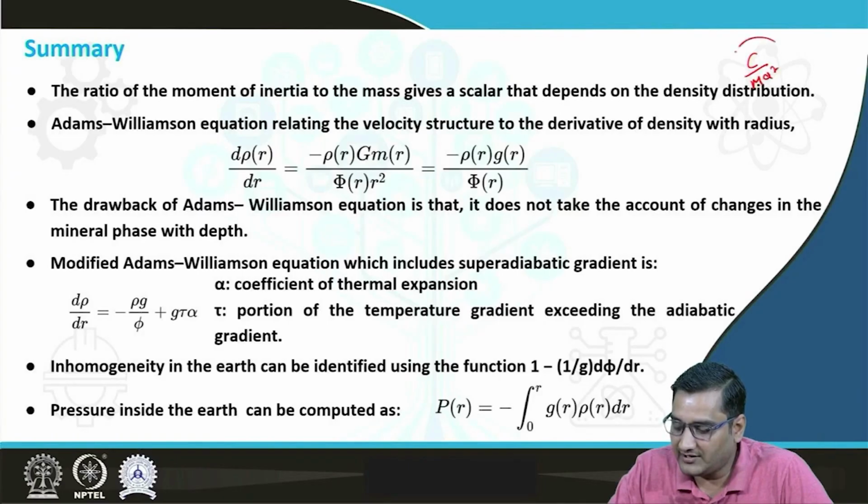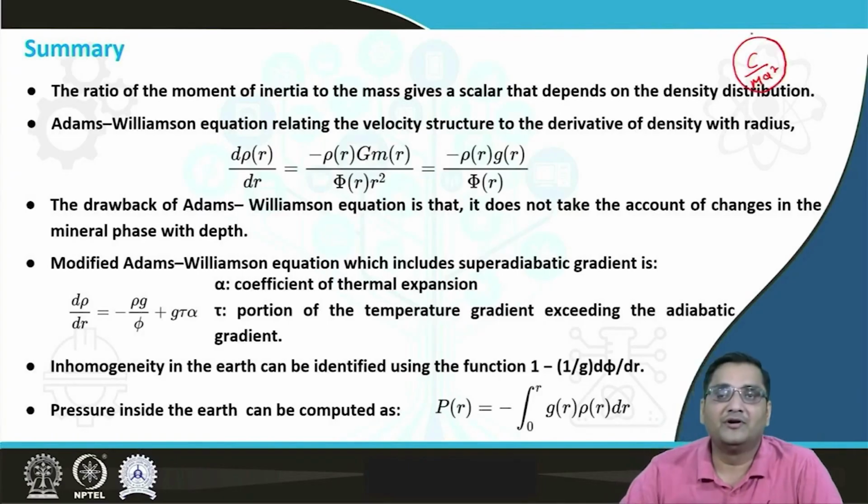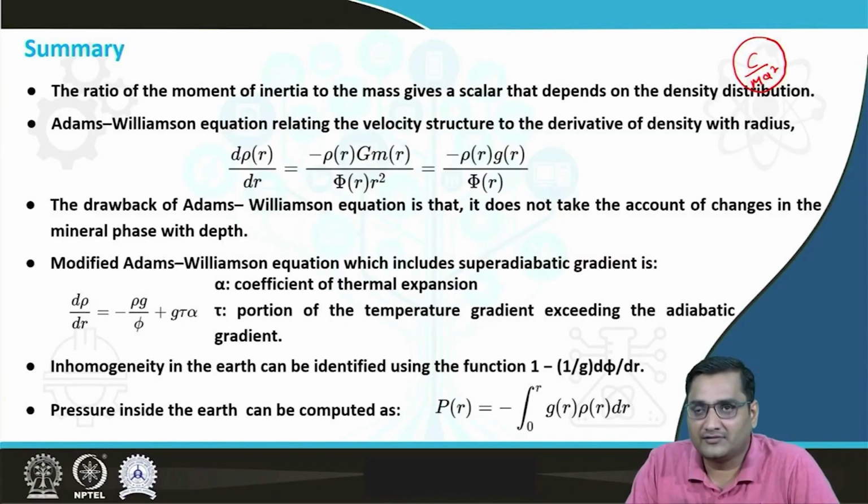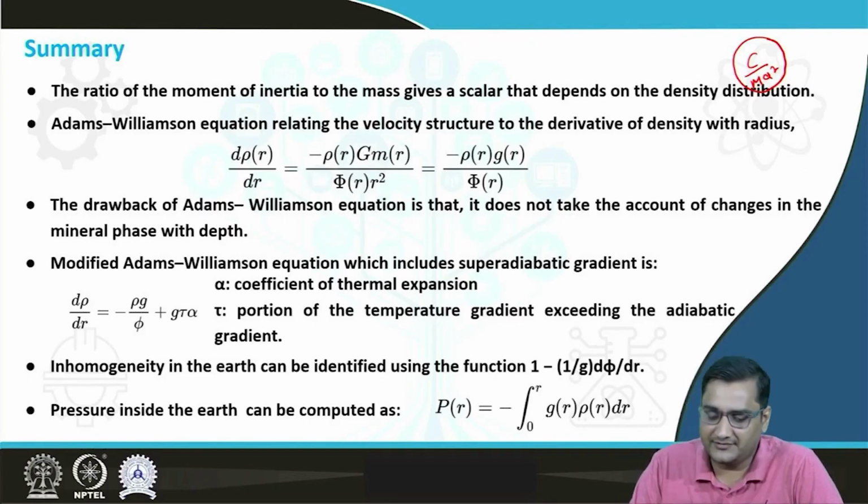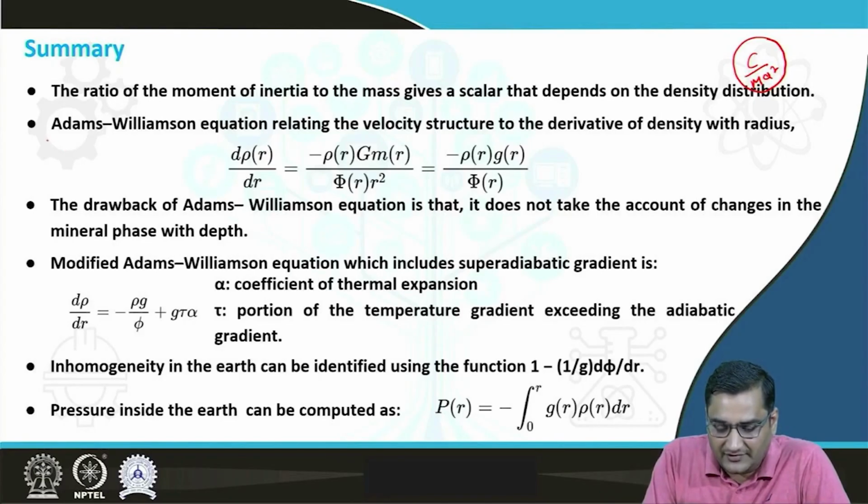That was the ratio of the moment of inertia to the mass, and we were trying to consider different models of the Earth, where we consider the Earth as a uniform material, and then we consider all the mass at the surface. Then we consider the Earth as a two-shell planet, and then we derived the Adams-Williamson equation.